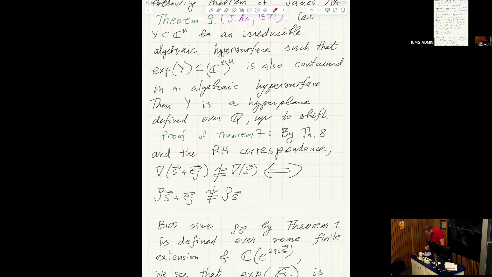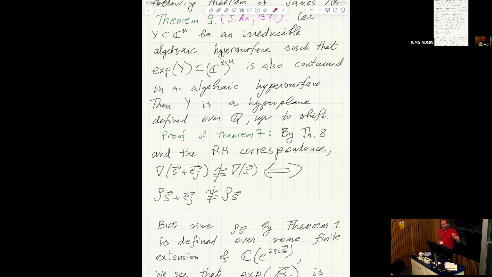representations. But singularities of differential equations occur in algebraic surfaces in variable S. And singularities of representations occur on algebraic surfaces in variables e to the 2 pi i s.